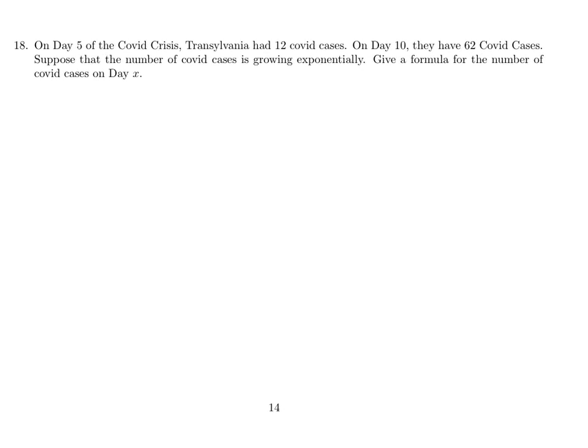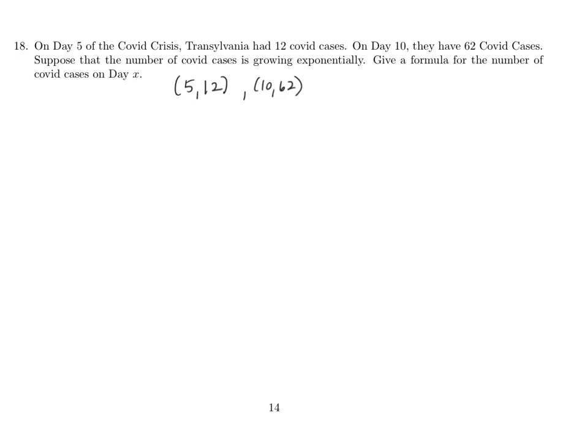All right, number 18. So on day 5 of the COVID crisis, Transylvania had 12 COVID cases. So really these could be looked at as an ordered pair. So days, number of COVID cases. On day 10, they have 62 COVID cases. So here's another ordered pair.